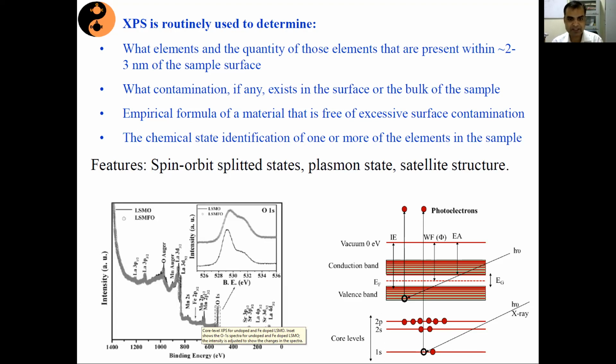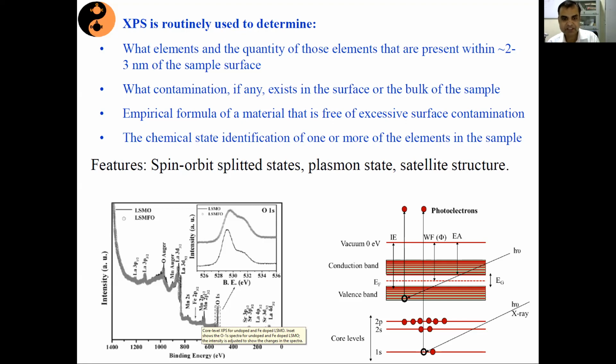In all these elements, we have different electronic configurations: 1s, 2s, 2p, 3s, 3p, 3d, things of that nature, right? So when that 1486 electron volt photon energy falls on my sample, all the electrons whose binding energy is below 1486, irrespective of the element, absorb that photon energy, and after absorbing it, they are emitted.